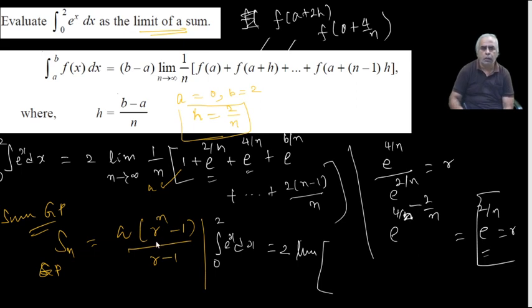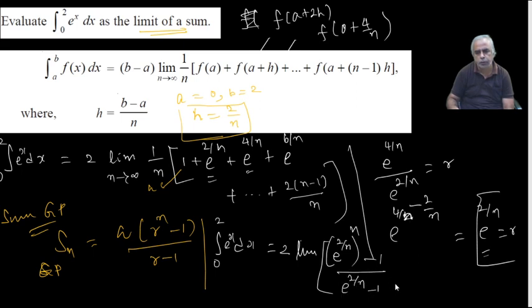That is r. R is nothing but e power 2 by n. So e power 2 by n whole power n, because r power n minus 1 divided by e power 2 by n minus 1. Okay, right. So I think let us proceed with the next slide.